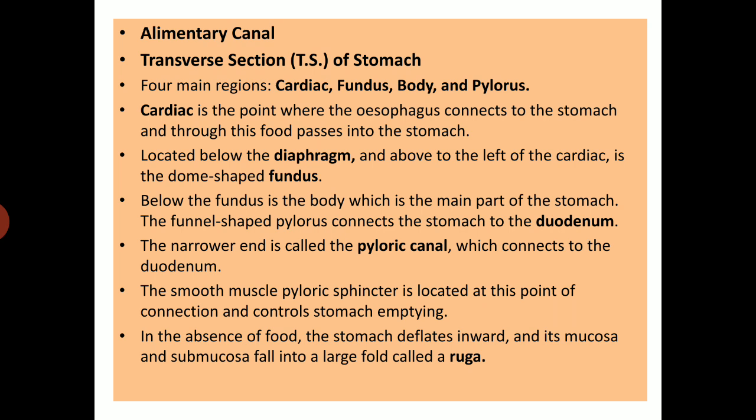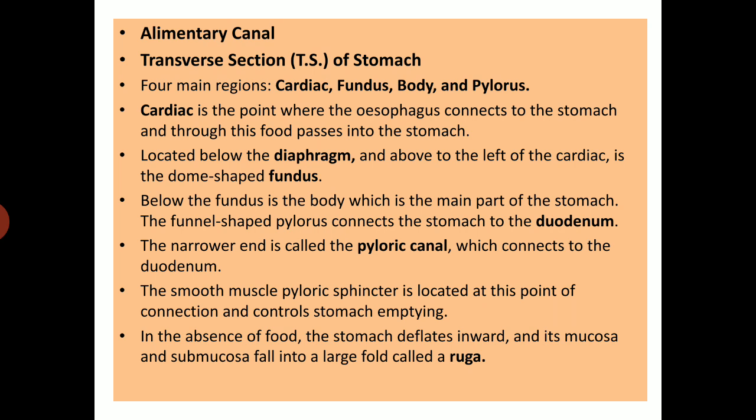Cardiac is the point where the esophagus connects to the stomach, and through this, food passes into the stomach. Located below the diaphragm, above and to the left of the cardiac, is the dome-shaped fundus. We are going to see the diagram also, but when you are watching the diagram, you have to see all these parts.